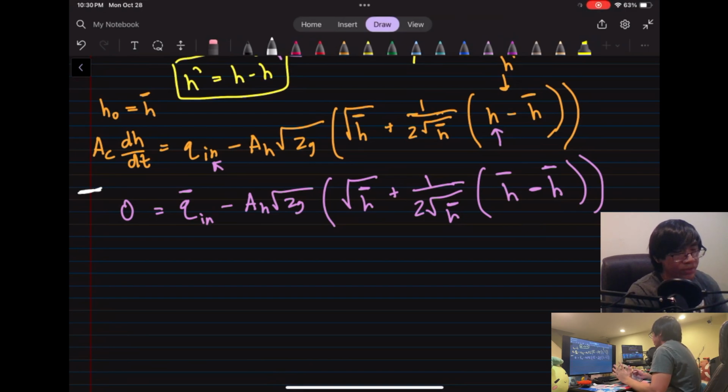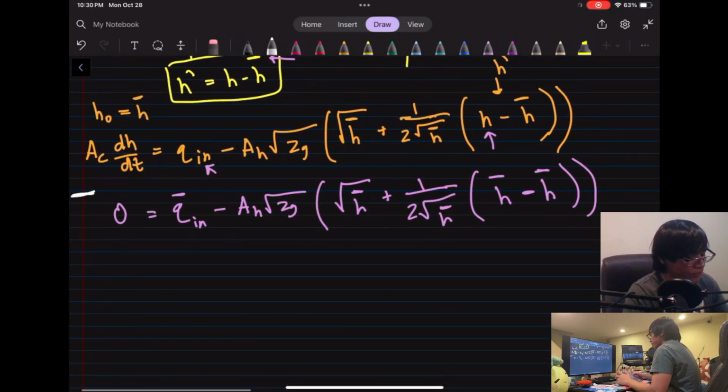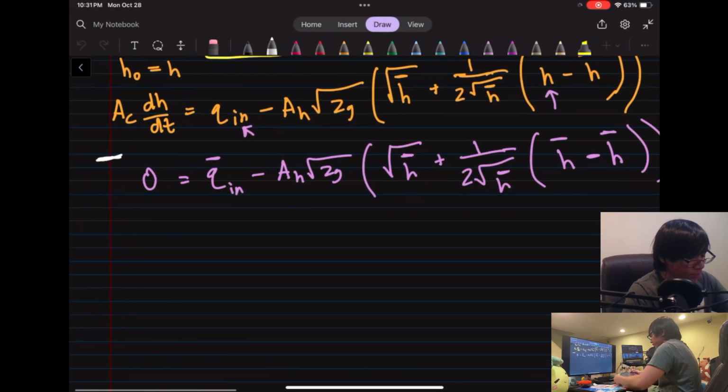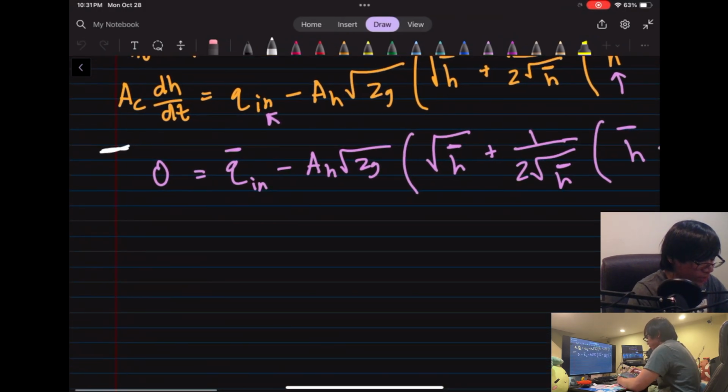Now we have initial values for all our dependent variables, and subtracting them like so will give you an expression like this. I'll leave the left-hand side open for now. So we have q in minus q bar in.